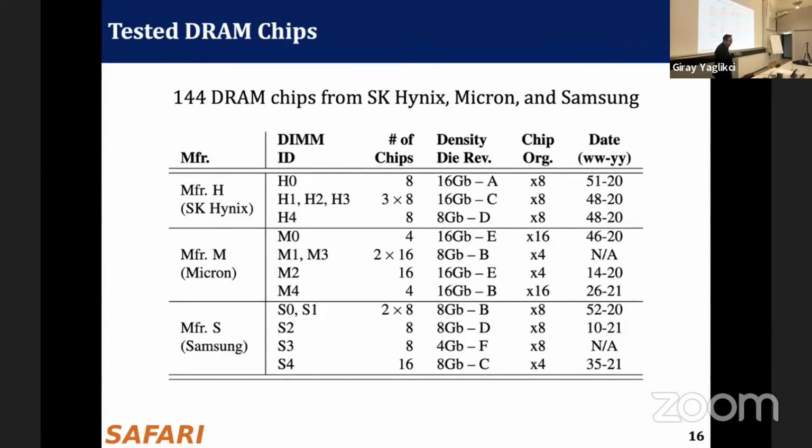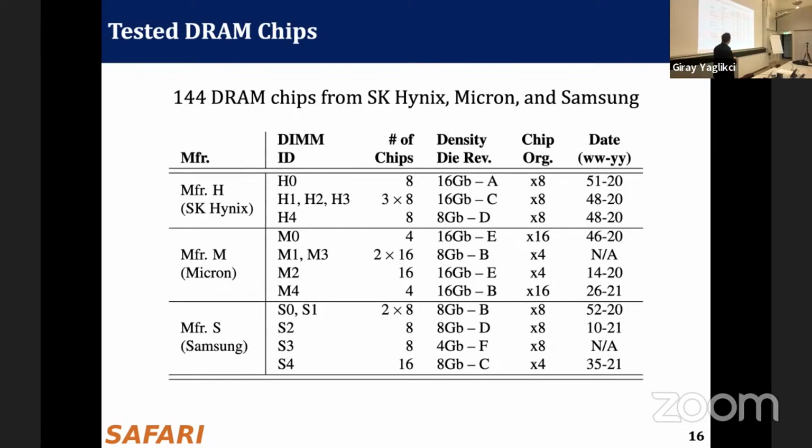In this work, we test these modules. There are a lot of details here, and there are a lot of details in the paper as well. I'm not going to go over them, but these modules are essentially from 3 major manufacturers. When you sum up the market share of these 3 major manufacturers, you reach something like 98.5% of the market share.